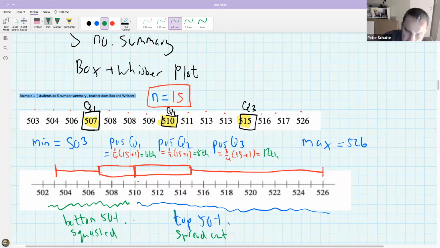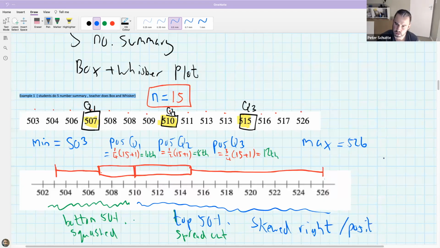Now, the technical word we have for when one side is more spread out than the other is skewed, and we say this data set is skewed to the right, or you can say it is positively skewed. And the reason it's positively skewed is that it's spread out in the direction of the positive side.